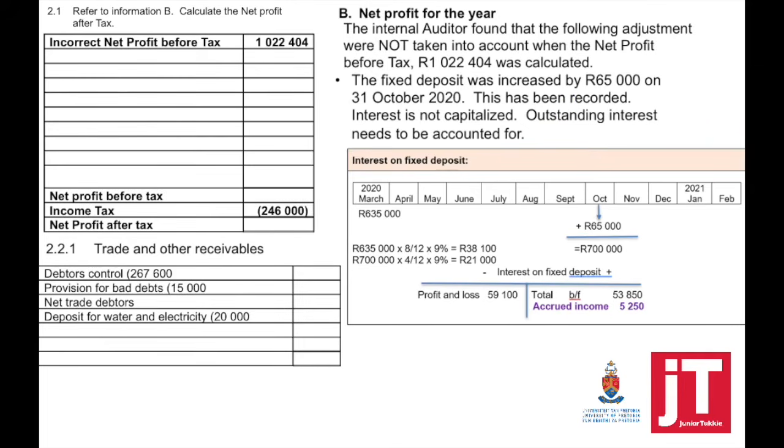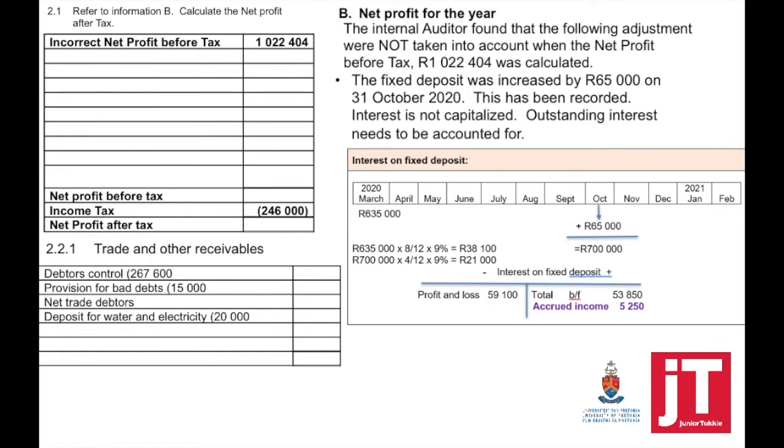So because this has been recorded, the balance from the pre-adjustment trial balance is after that investment was made. So to calculate the balance in the beginning, we need to take 700,000 minus 65,000 equals the balance in the beginning. So interest must now be calculated for 8 months on 635,000 and for 4 months on 700,000.